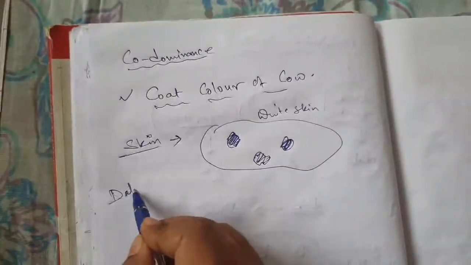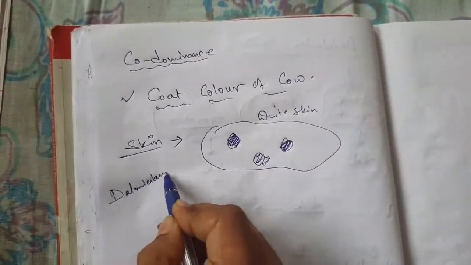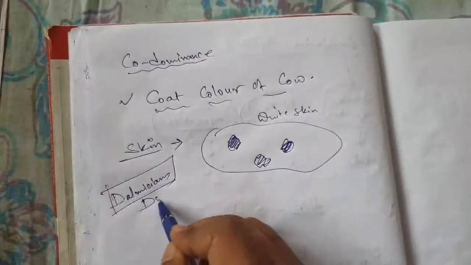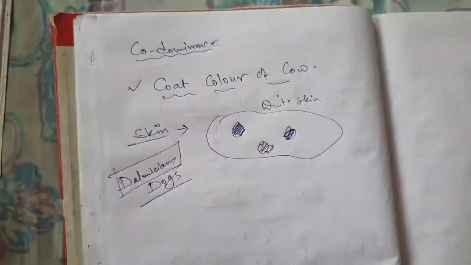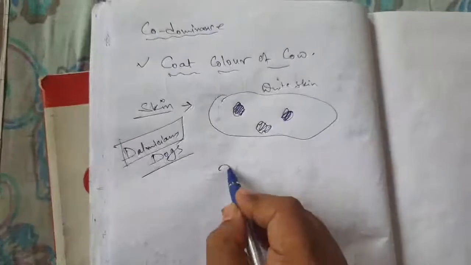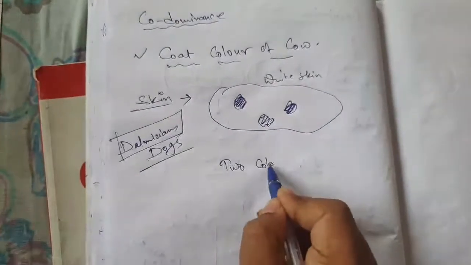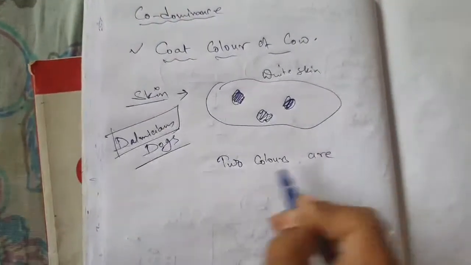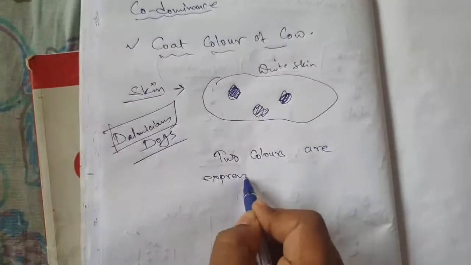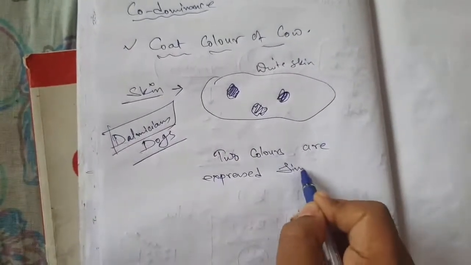Do you know about Dalmatian dogs? There also you can see this, where two colors are expressed simultaneously.